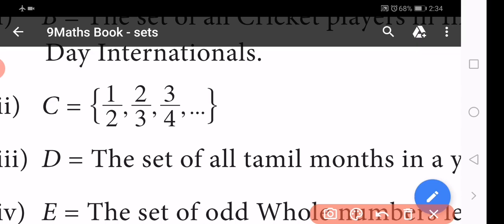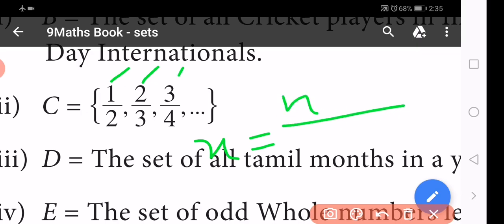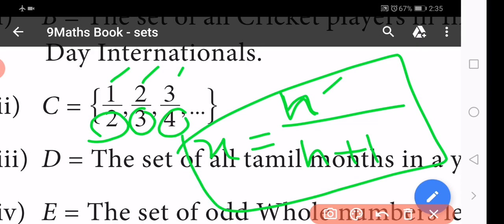Now we find the rule. So for all x such that x is equal to, we say all numbers as n. Here the numerator starts with 1, 2, 3, so we take the numerator as n, and the denominator is adding 1 to the numerator, that is n plus 1. So that is the rule.